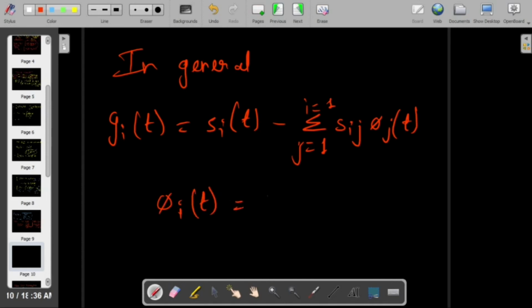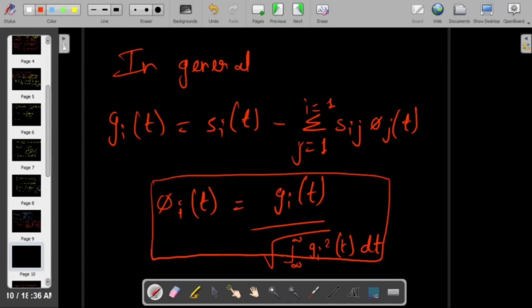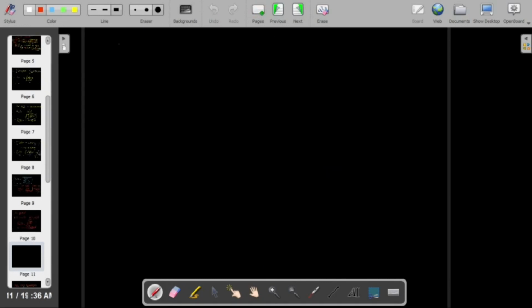You can easily generalize this, and write it as Gi(t) divided by the square root of the integral of Gi square t dt, right? So this is the generalized form of our orthogonal Gram-Schmidt process. Now let's consider an example. At the end we have to solve examples, right? So let's consider 4 signals.